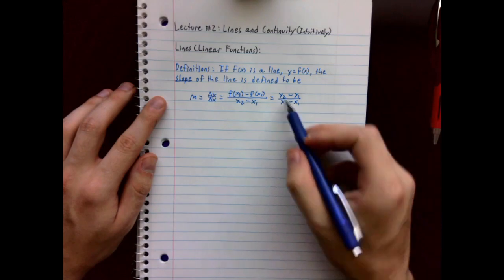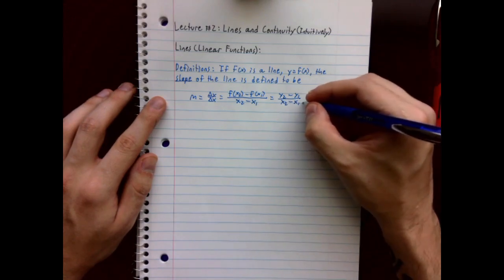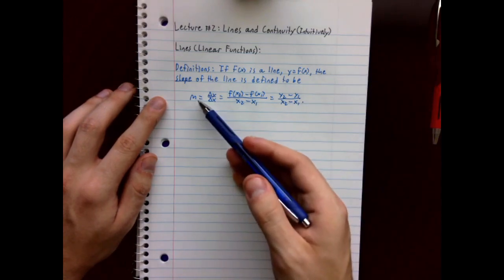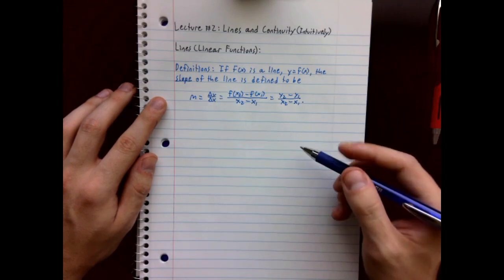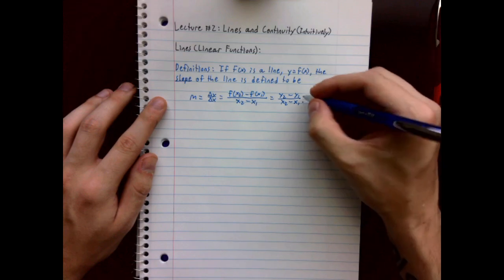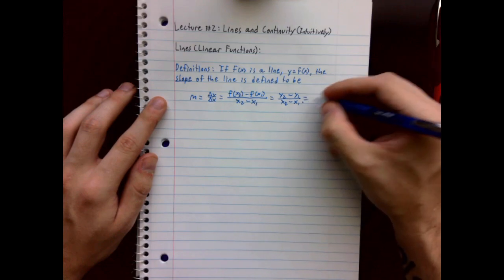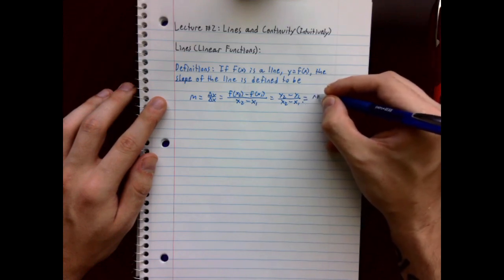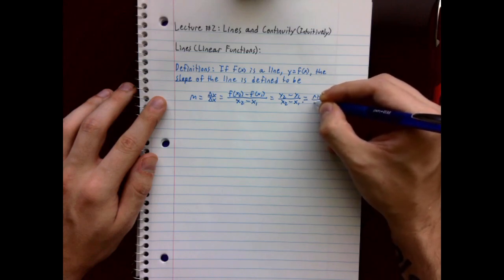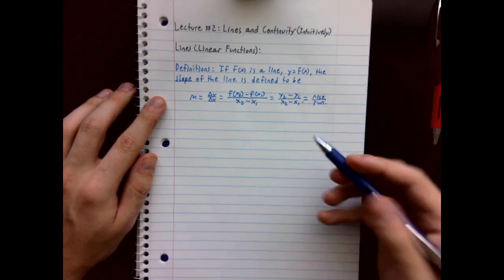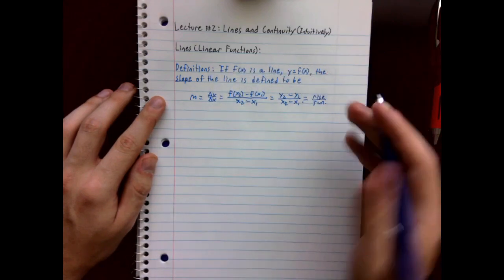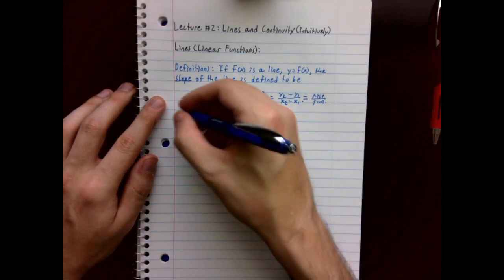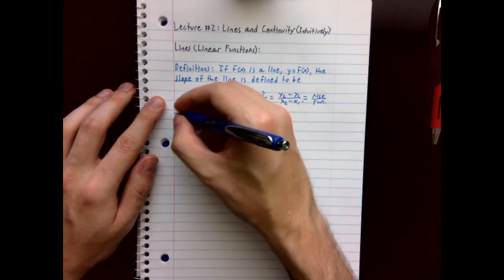Anyways, all this means is that m is the change in the height divided by the change in the length that you go. So another way that you might remember this is rise over run. It is how much we go up per every unit that we move to the right. So maybe that's another way to think about this.